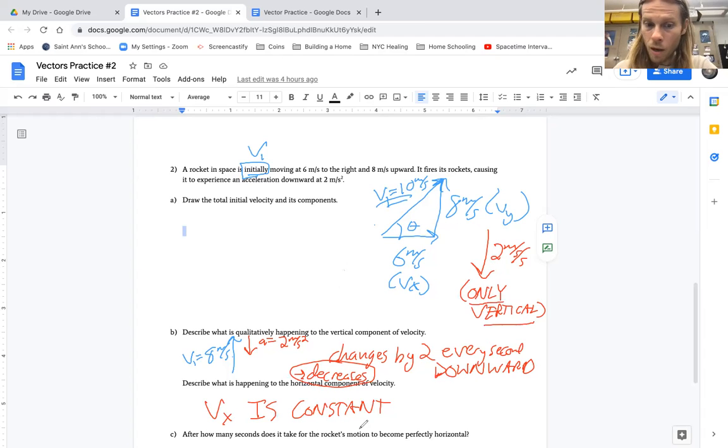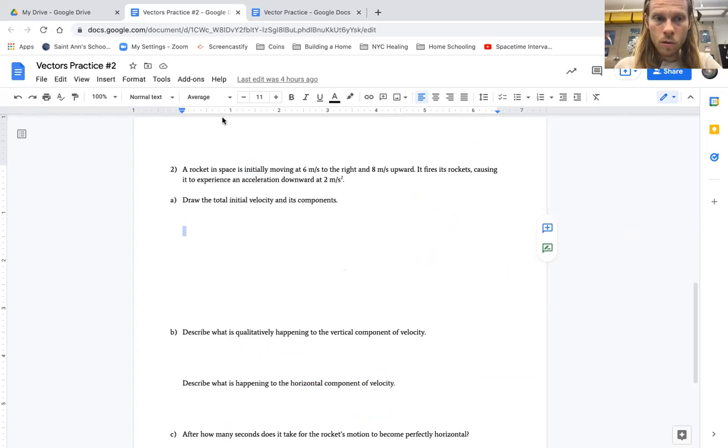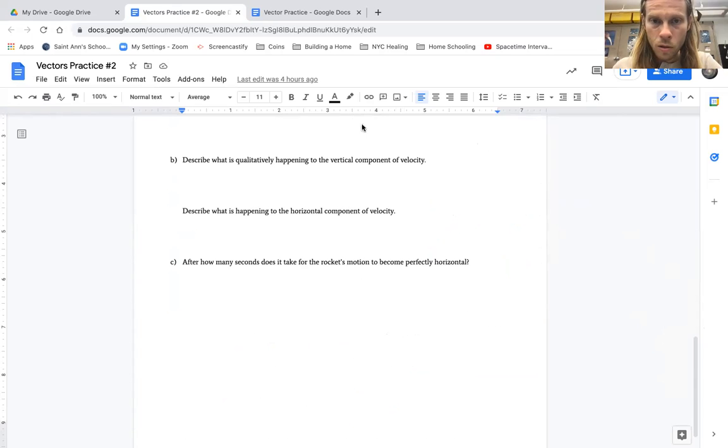And that's that one. So how many seconds does it take for the rocket's motion to become perfectly horizontal? Well, Vx is constant, which means that the horizontal velocity will always be 6.